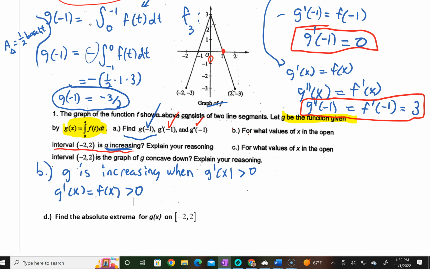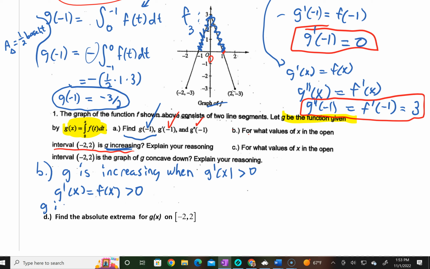So that's saying, where is my curve above the x-axis, or above y equals 0? And for what x values would that be true? Yeah, negative 1 to 1. So they're saying, for what values of x is g increasing?